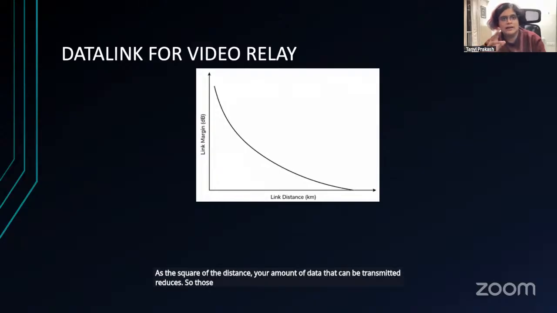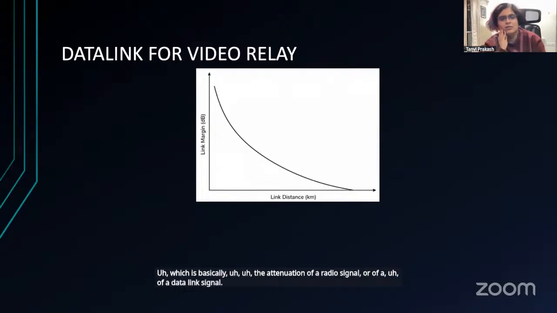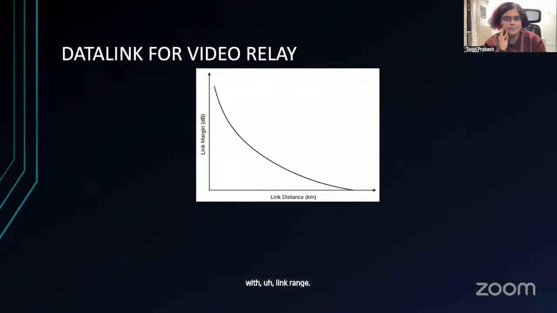Those from an electronics background might have seen this kind of diagram before, which is basically the attenuation of a radio signal or of a data link signal with link range. On the x-axis, you see the link range, the ground slant range, and on the y-axis, you see the margin or the strength of the signal, in a way. So the strength of the signal reduces parabolically as distance increases.